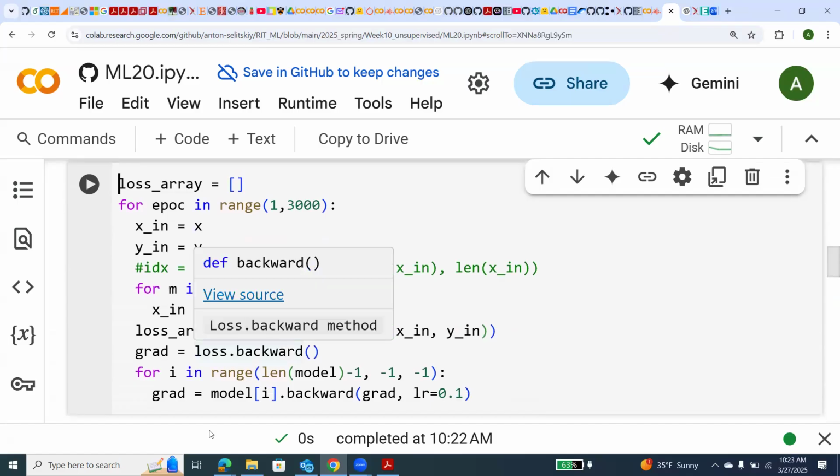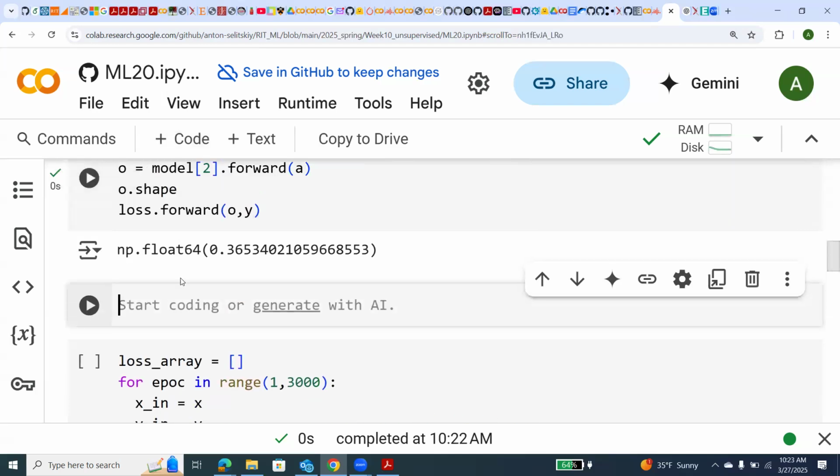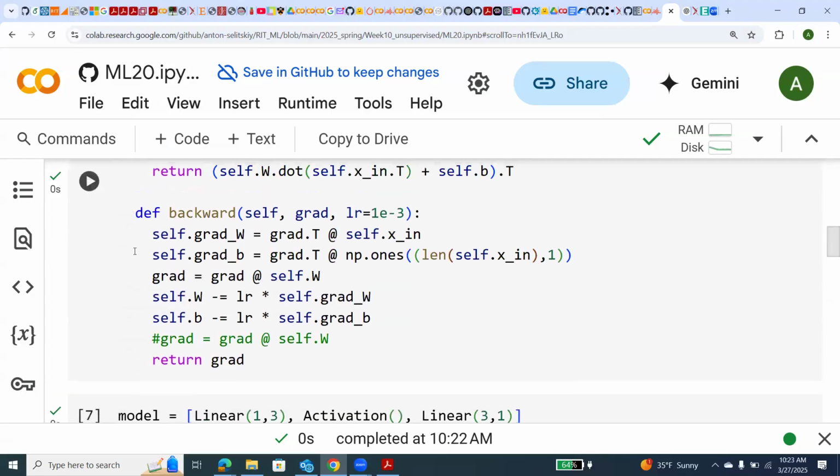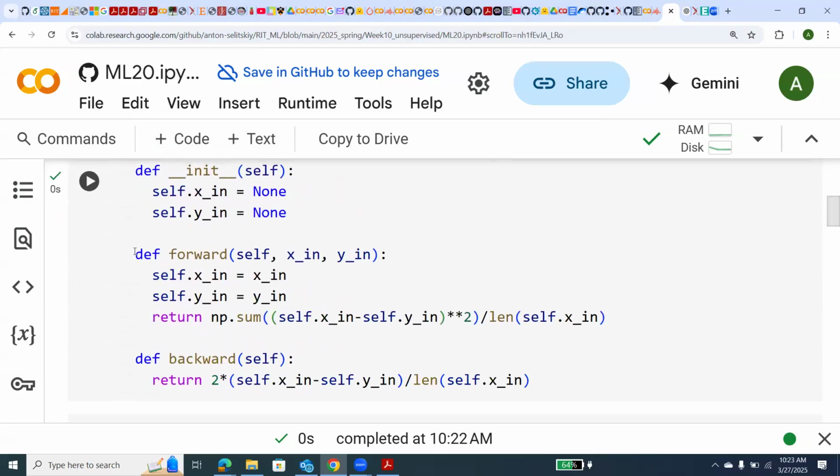Well, I can actually show you. So if we calculate loss dot backward, so when I apply loss forward, it will memorize actually the O and Y. So in forward mode, it will memorize O and Y. So when I apply backward, I don't pass any arguments because the arguments are memorized in our class.